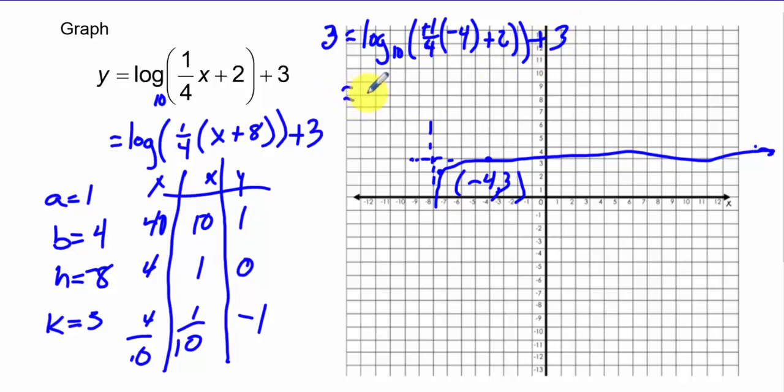So 1/4 times -4 is -1, plus 2 is 1. What power of 10 is 1? That's 0. 0 plus 3. Done. Check. So something like that.